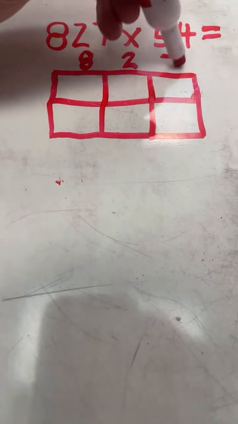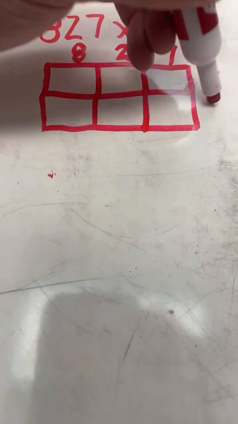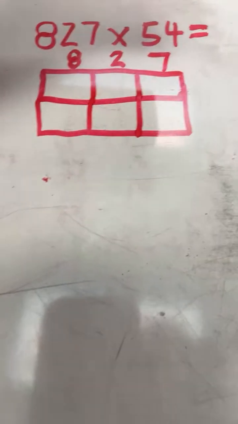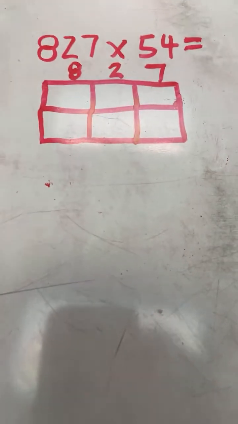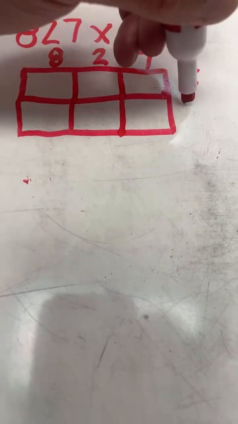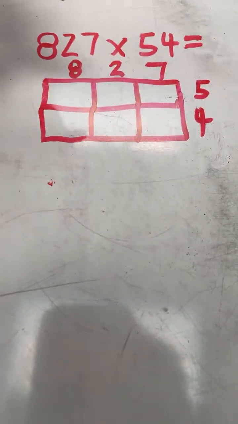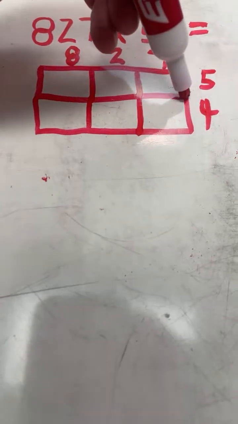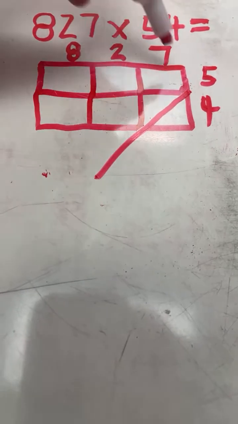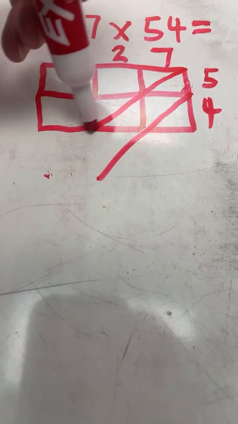Each digit gets a separate box. Let me make that a little neater. Next, I'm going to draw a triangle going across each square.